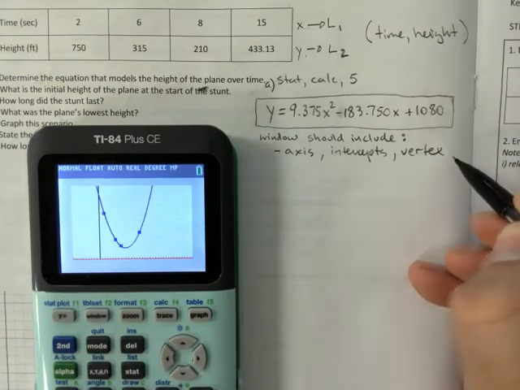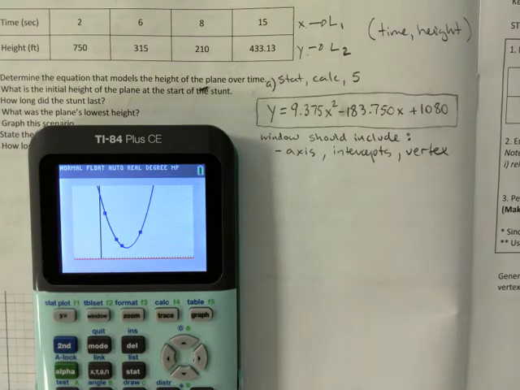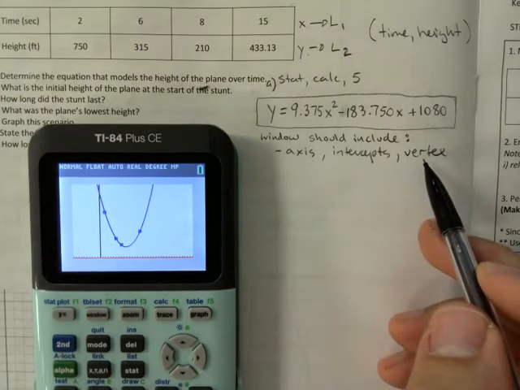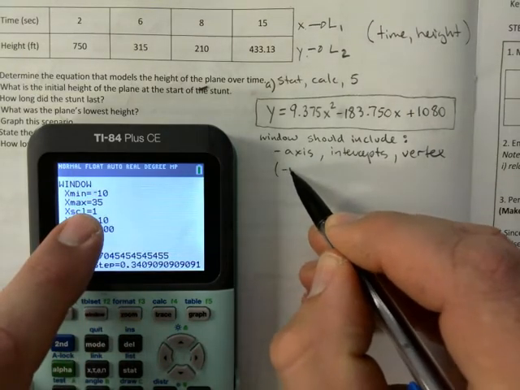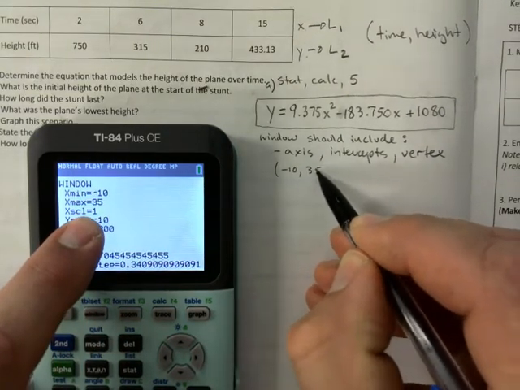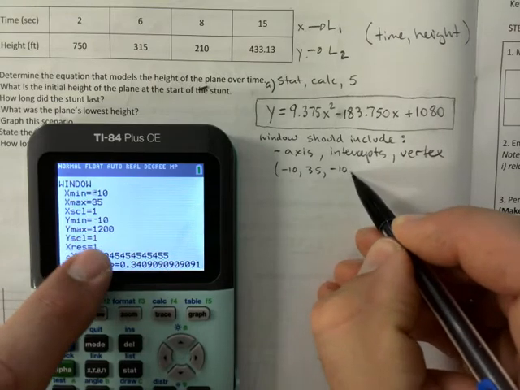So you almost have to imagine like you're going to graph it on paper, right? What do I always tell you? Axes should be labeled, right? All intercepts and vertex, right? So this is what I use. I'm going to go to window, -10, 35, -10, 1200.